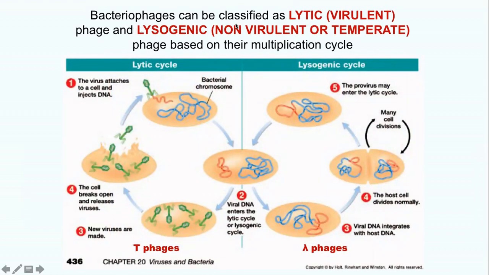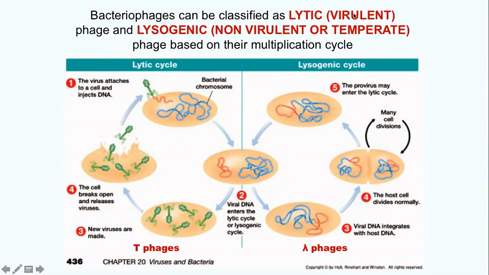Bacteriophages can be classified into two based on how they multiply within a bacterial cell. Based on the mode of multiplication, bacteriophages can be divided into the lytic phages and the lysogenic phages. Lytic phages are also known as virulent phages.